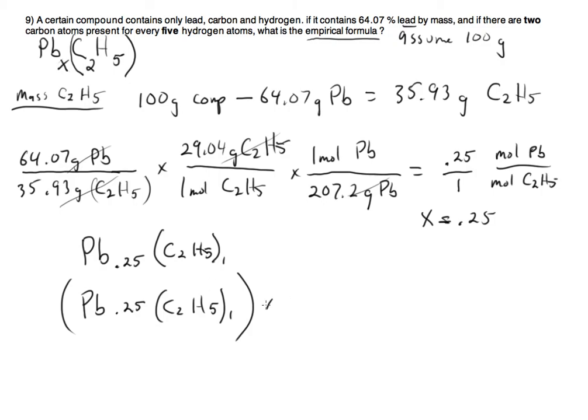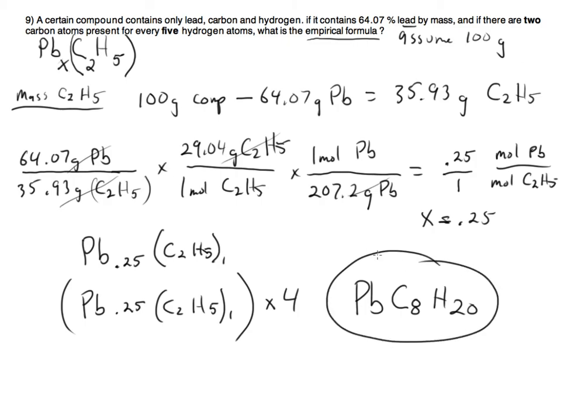Well, if I multiply that whole thing by 4, that gives me lead as 1, since 4 times 0.25 is 1. And then C2H5 would be times 4. It's not really 1 unit, so I'm going to take 4 times 2. That gives me C8. And 4 times 5 gives me H20. And so that is the formula of my compound.